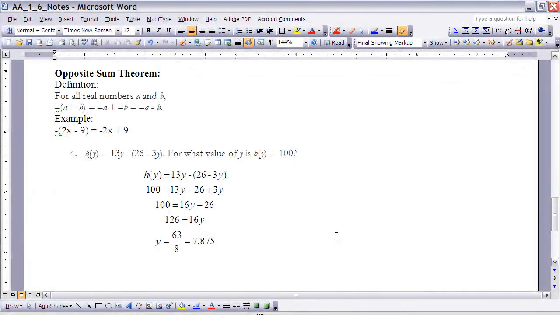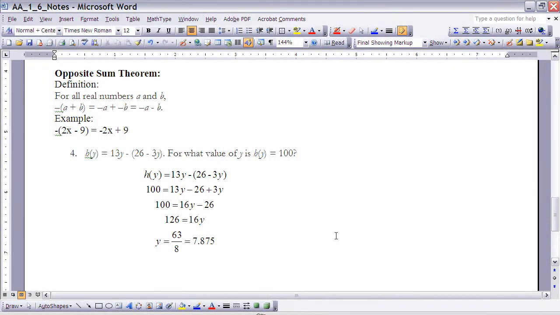Okay, the last theorem that we have here is what we call the opposite sum theorem. And it says for all real numbers a and b, the opposite of the quantity a plus b, in other words, negative the quantity a plus b, is equal to negative a plus negative b, or negative a minus b.